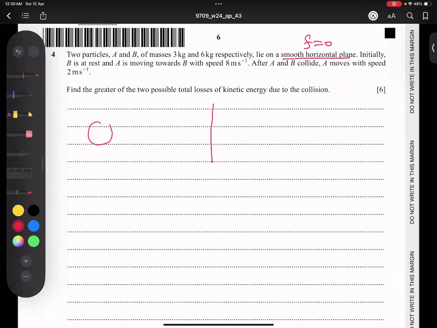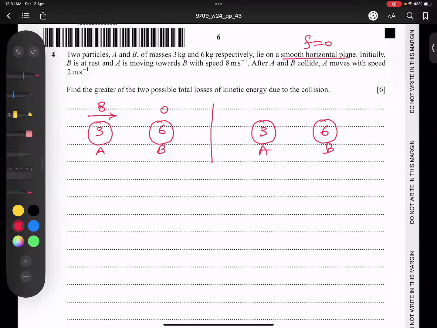This is particle 1 and particle 2. Particle A is 3 kilograms and B is 6 kilograms. A is traveling towards B with a speed of 8, and B has 0 speed, it's not going anywhere.